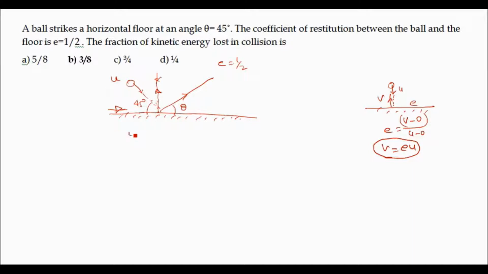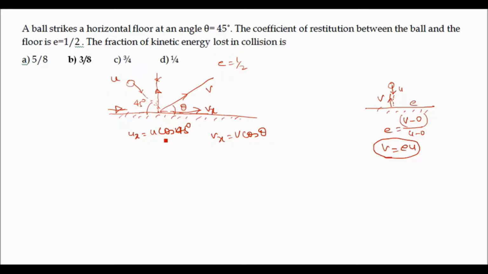So we may write that ux is equal to u cos 45 degree. And in this figure, this is our v, then vx is equal to v cos theta.